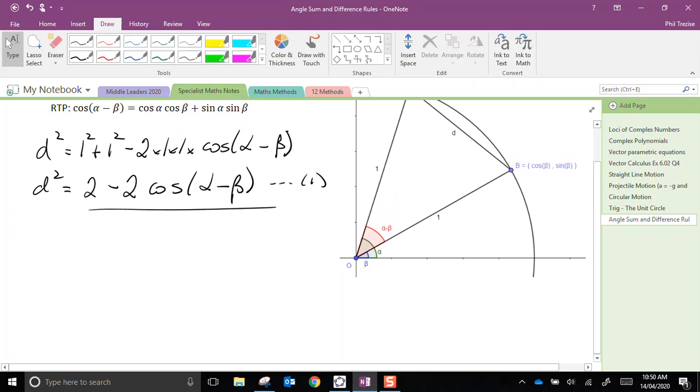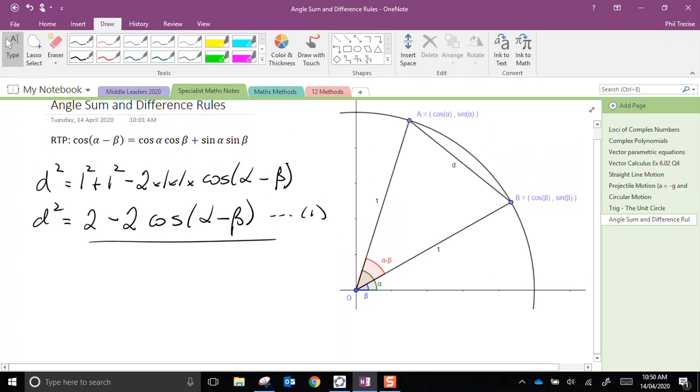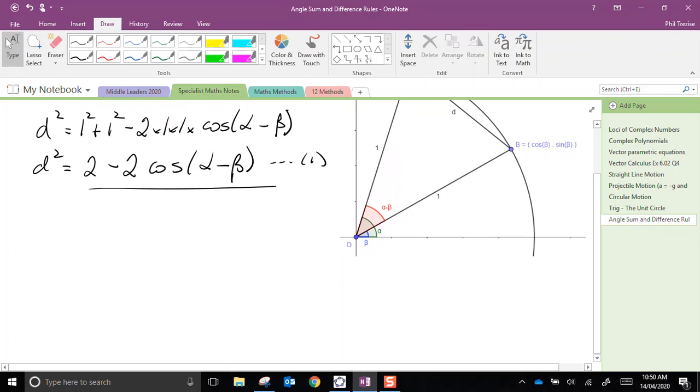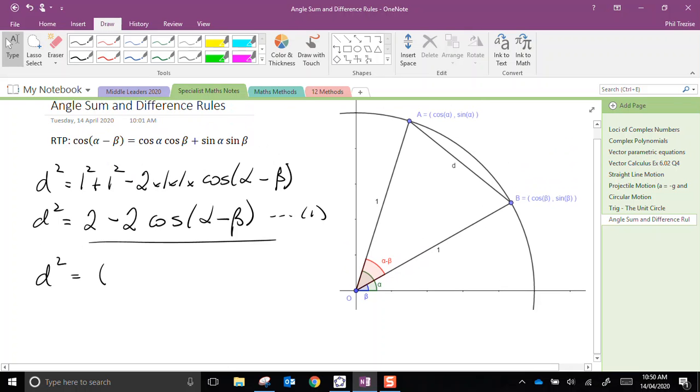Now we're going to apply the distance formula to answer the same question. The question, how far is it between point A and point B? So using the distance formula, we would remember that d squared equals, now it's the difference in the x coordinates.